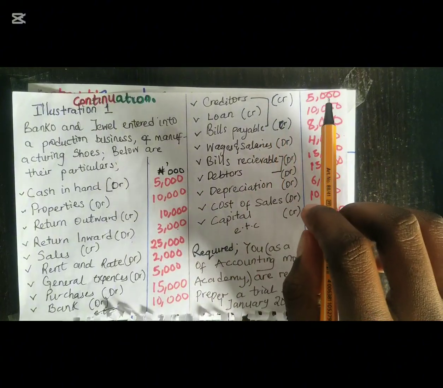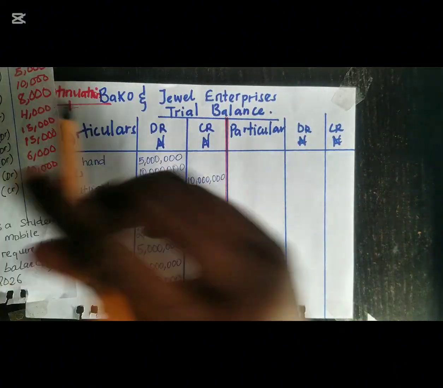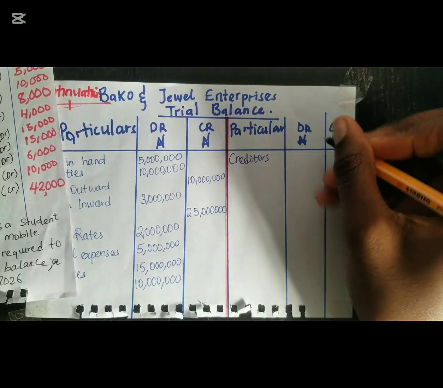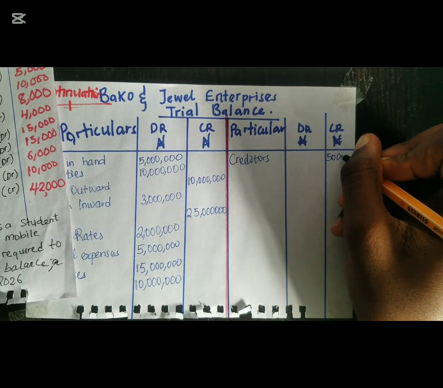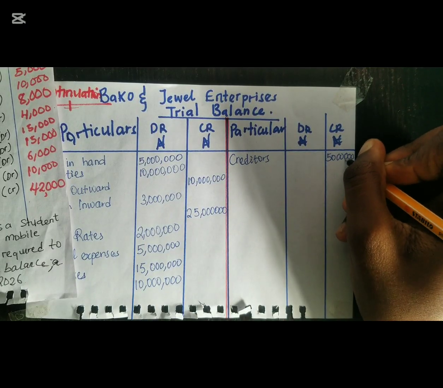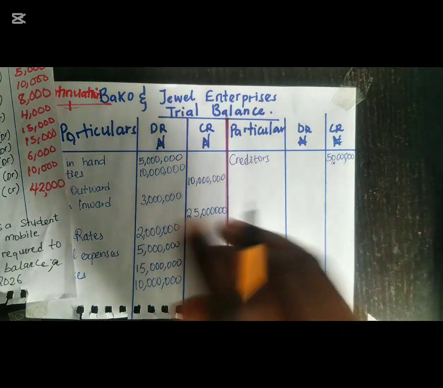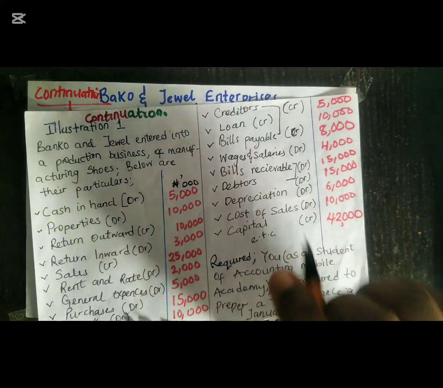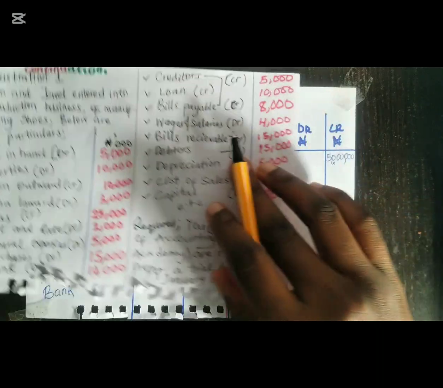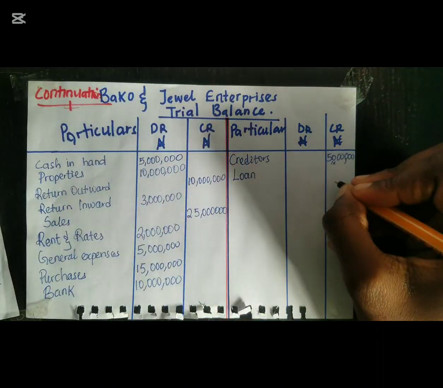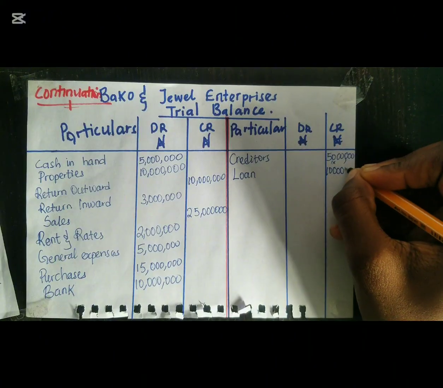Creditors is credited with 5 million naira, so we're going to write creditors, 5 million naira. Okay, sorry, this one's supposed to be here. Loan is credited with 10 million naira, so we're going to write loan, 10 million naira.